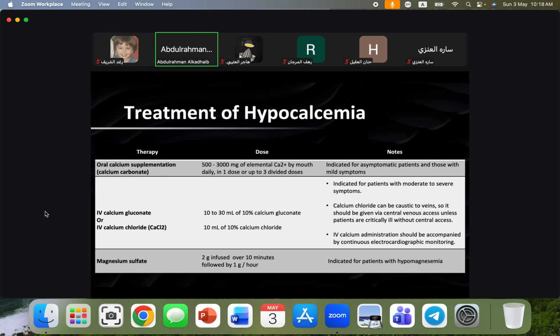So we should always keep them on cardiac monitoring while we replace the calcium by the IV replacement method. One last point about the magnesium replacement. It should always be considered in patients with hypomagnesemia and hypocalcemia, again, because magnesium helps with the replacement of the calcium level and regulating the calcium level in the body.